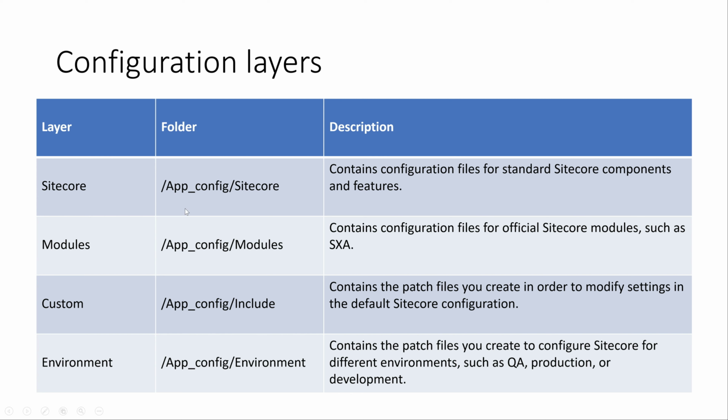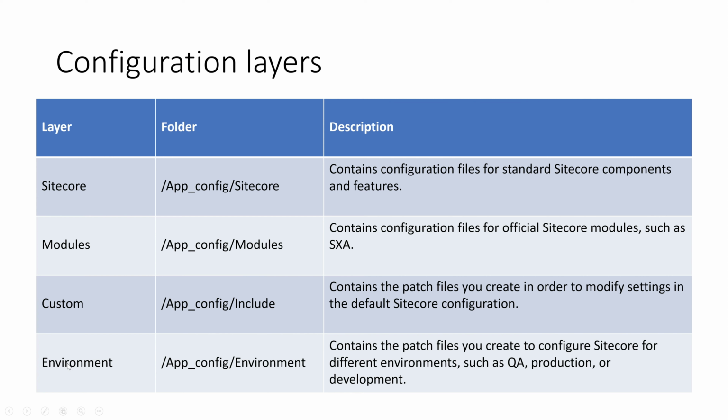There are mainly four layers. The first is Sitecore: all the Sitecore default, out-of-the-box configurations will be here. Modules is where you will have any extra modules on top of Sitecore, like SXA and PowerShell, the stable ones, deployed in the modules folder.